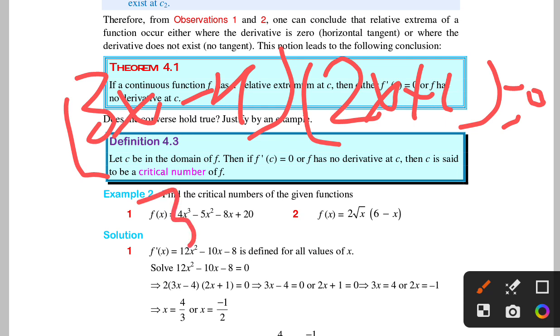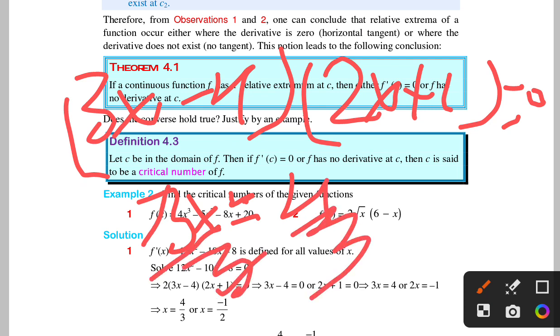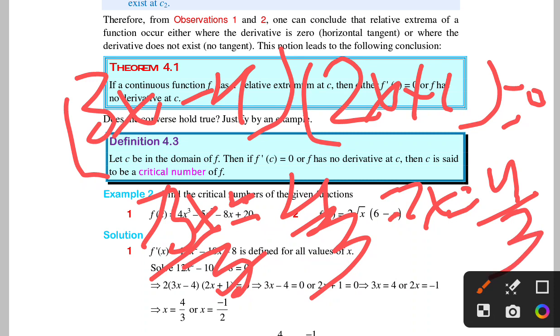On each 3x, when we transfer 4 from here to there, equal to what? 4 over 3 over 3. 3 by 3 is cancelled out. The left one is what? x equal to 4 over 3, right? This is a critical number.